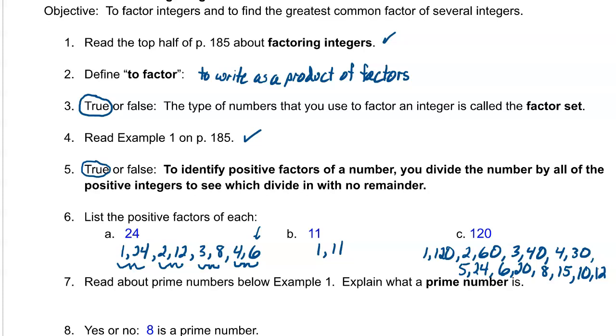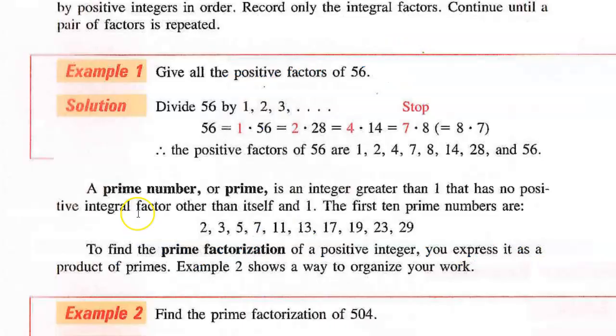Number 7, read about prime numbers below example 1, and then explain what a prime number is. A prime number, or prime, is an integer greater than 1 that has no positive integer factor other than itself and 1.